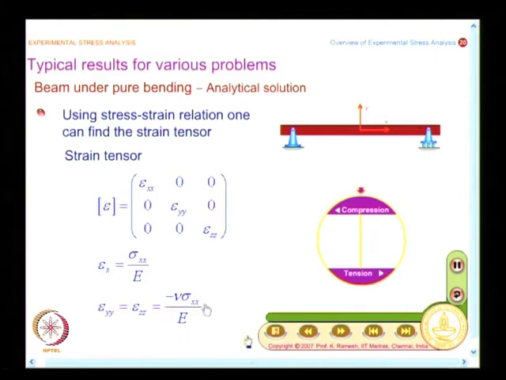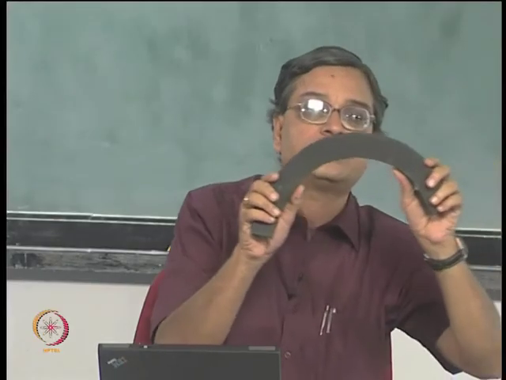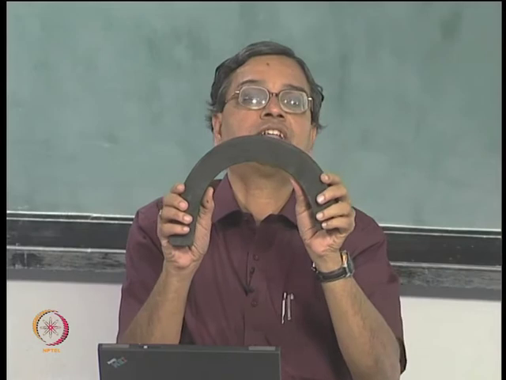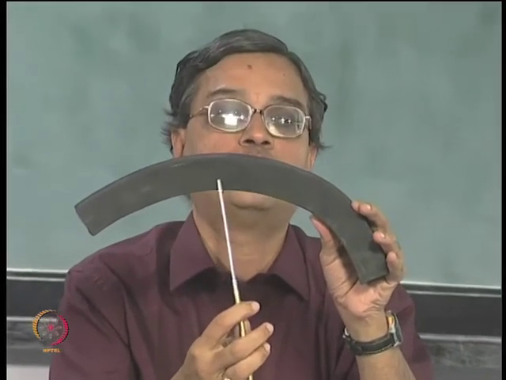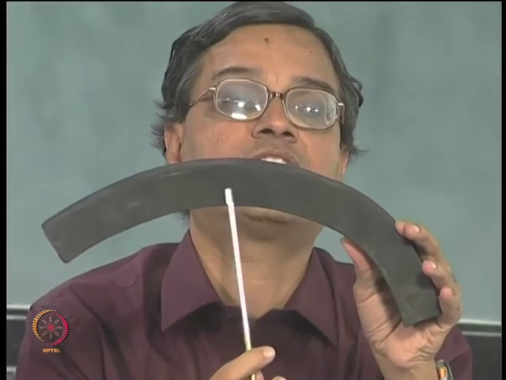You have a Poisson ratio here, and when you have the beam under bending, I would like to show you the model. If I take the model and bend it, the beam bends here, and this is one curvature you have, and this is what you do in your simple strength of materials approach.